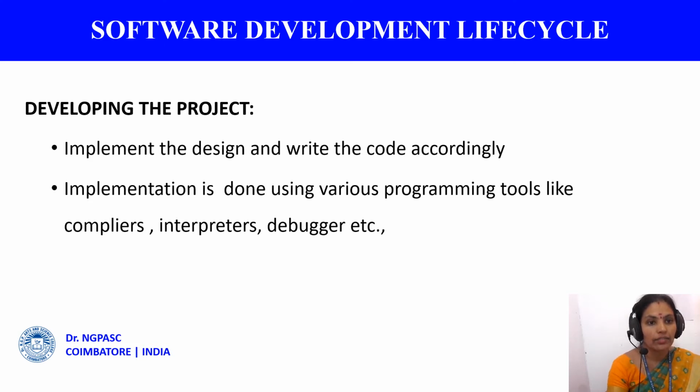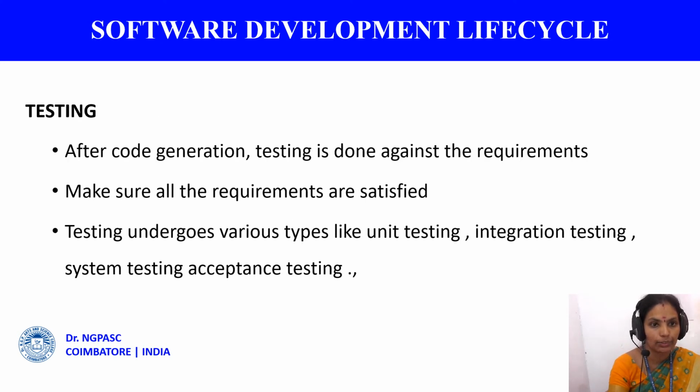In that, we are implementing the design and writing the code accordingly. Whatever design we have defined, we implement all those things in the fourth phase. And we can do the implementation using various programming tools.